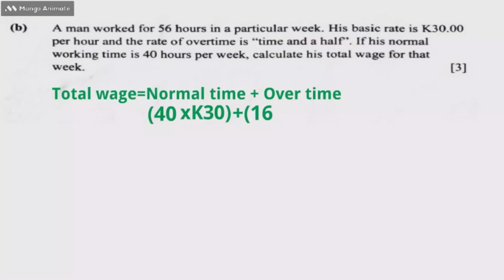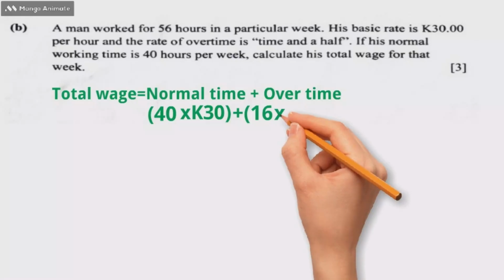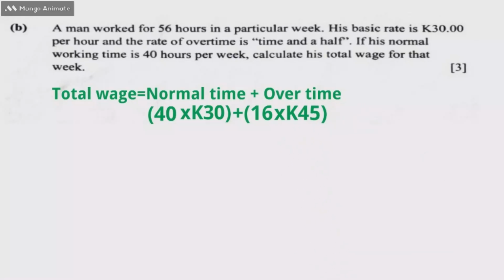That means the amount you work for in normal time plus half of that amount. In normal time he works for 30 kwacha, and half of 30 kwacha is 15 kwacha. So 30 kwacha plus 15 kwacha gives us 45. Then we say 16 times 45 kwacha.